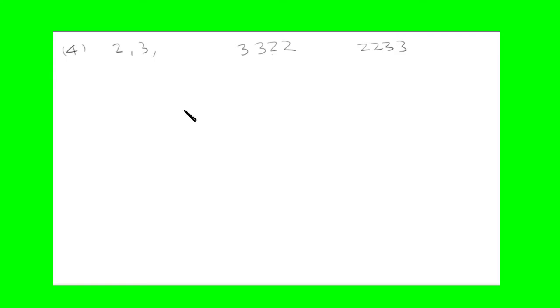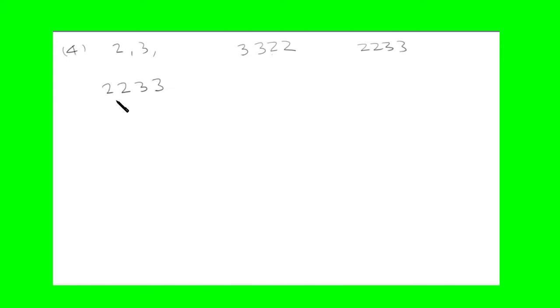The next part is how many different numbers can you make in all if you have to repeat these two digits. So let's try it and find it out. We are going to start from the smallest: 2, 2, 3, 3.